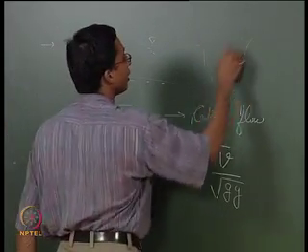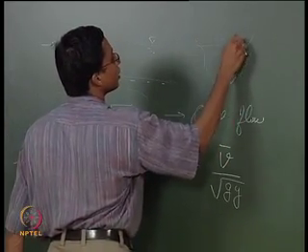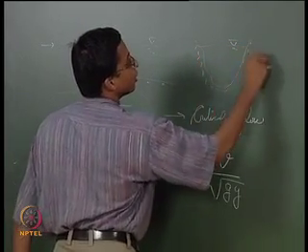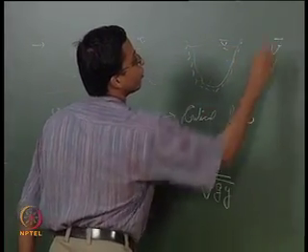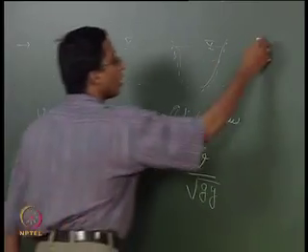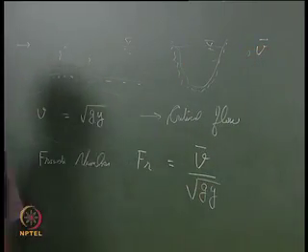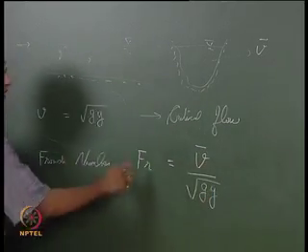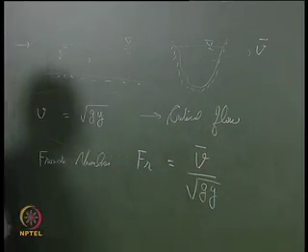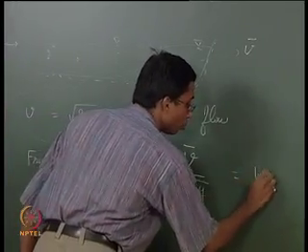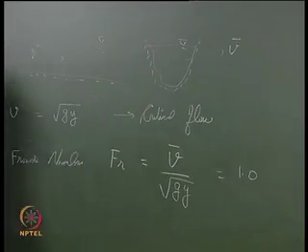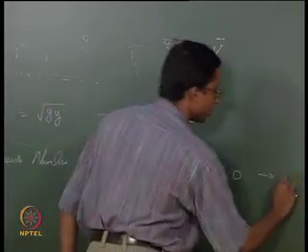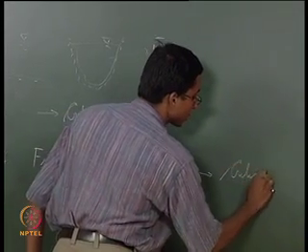At any cross section, if v bar is the average velocity obtained for the cross section, this divided by root of g y will give you Froude number. If Froude number is equal to 1, this suggests that the fluid flow is critical.